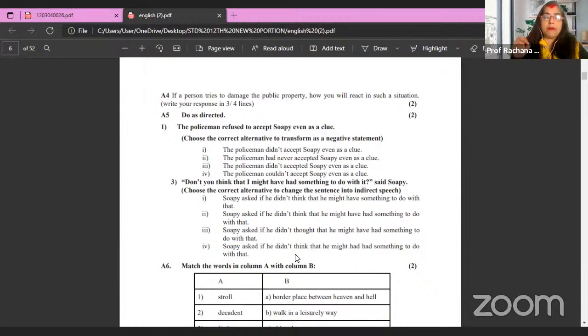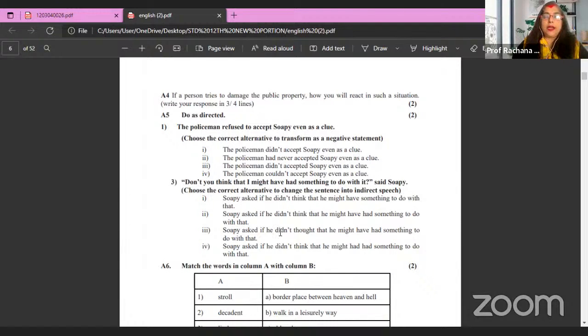There are some minute mistakes, so you have to be very, very careful when you're selecting the correct answer. If you didn't think that he might had something to do with that, this is absolutely wrong. Sophie asked if he didn't think that he might have, and here had is not there, something to do with that. So as a result, these two go. So what remains with me is the second one.